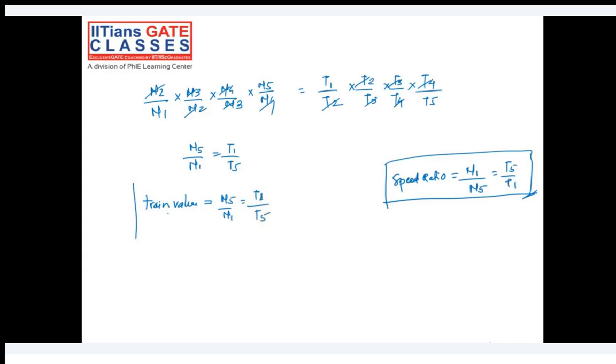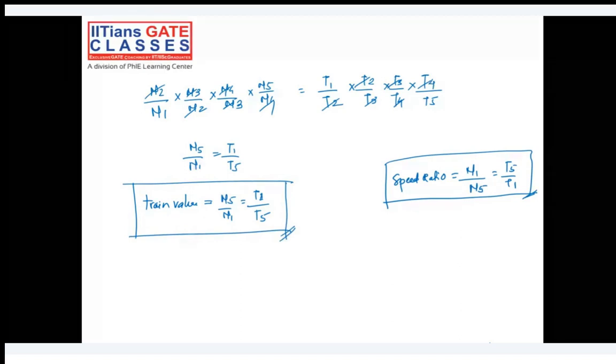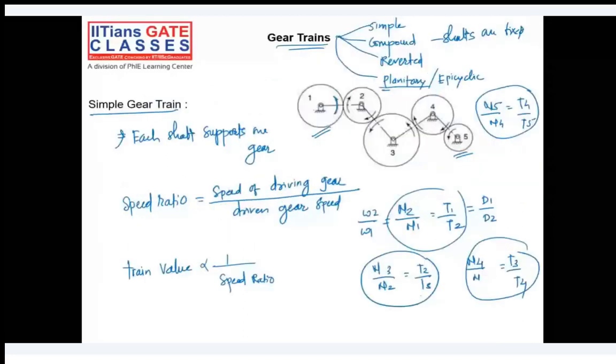So what we can conclude out of it is the speed ratio and the train value depend on only the first and last gear, that is the driving gear and the last gear, which is the driven gear. The intermediate gears don't have any role in deciding the value of the speed ratio and train value, because the terms will get cancelled out.